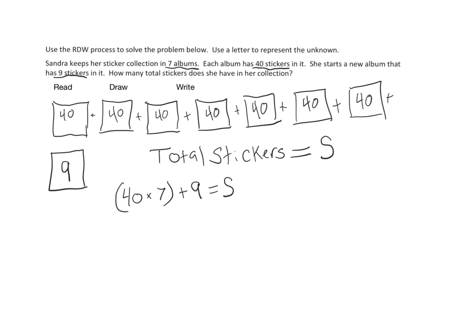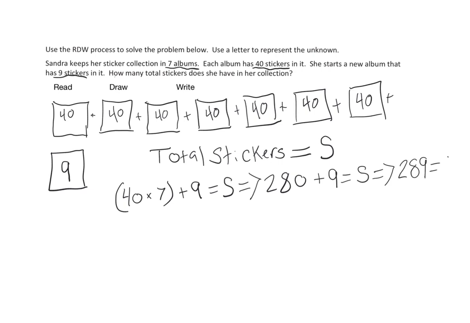So I'm going to do the 40 times 7 plus 9 equals S. So 40 times 7 is 280. And then we still have to add our 9 equals S.